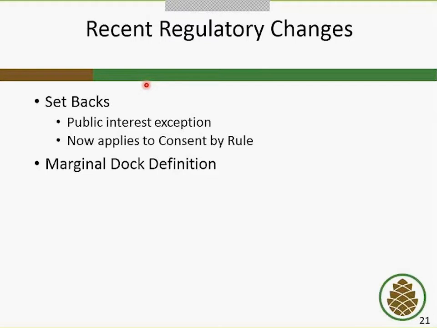There has been some language grafted onto that now allows the department or the board to waive the setback in the public interest, which is a little bit different. It's only been effective since mid-March, so we haven't come across any examples of that becoming an issue yet, but that's something to look out for.